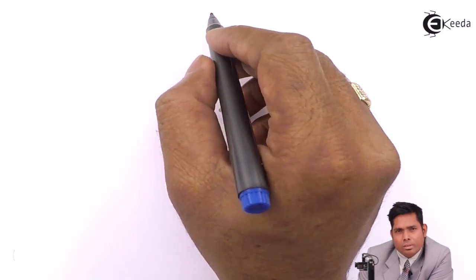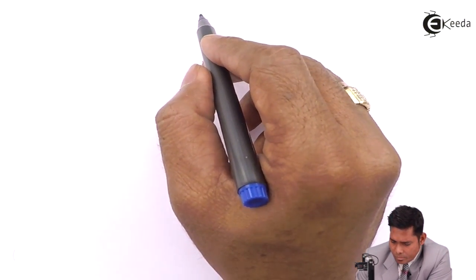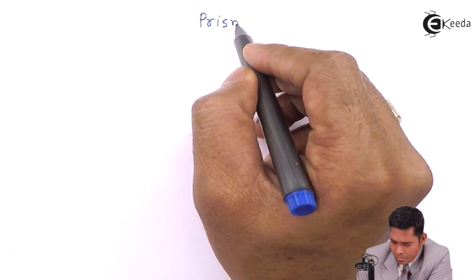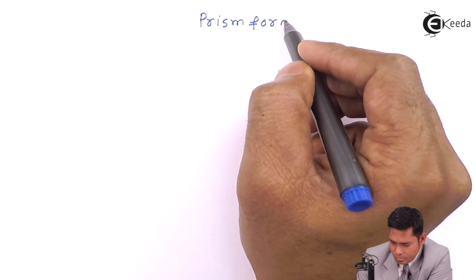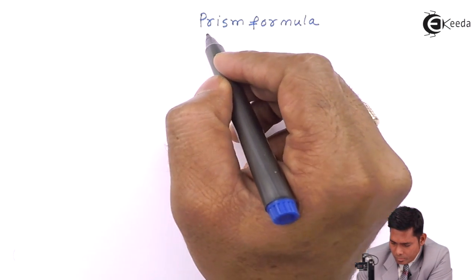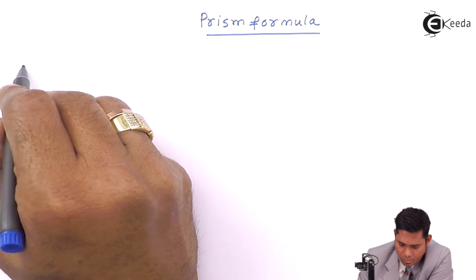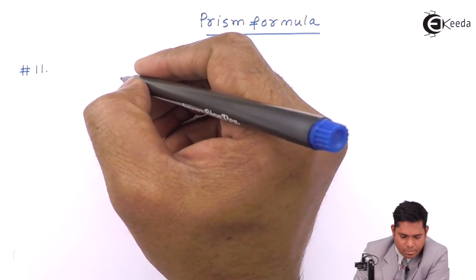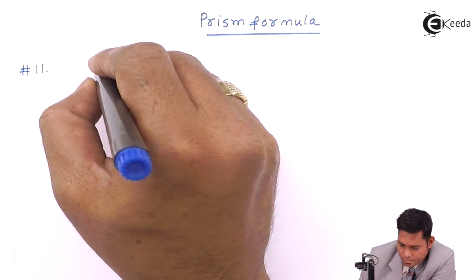Students will take one more question on Prism formula, that is number 11. A glass prism has minimum angle of deviation of 40 degree.